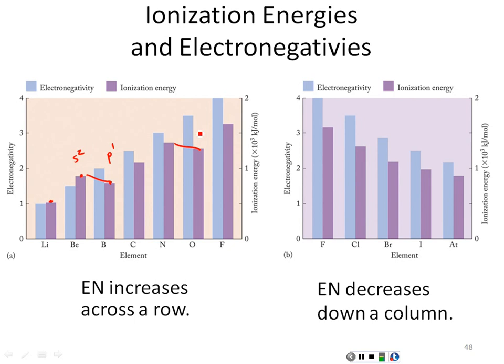And it's easier to remove the fourth p electron to get to a half-filled p orbital. So you get these exceptions to the rules for ionization energy, but you don't get that for electronegativity. If you follow the blue, as you go across the row, every step of the way, you're increasing electronegativity every time.